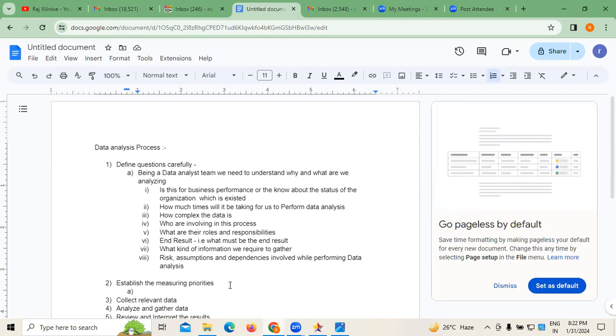Based on three grounds: one is high priority, second is intermediary, the third one is called low priority. Am I right or not? Yes or no? Yes, sir.